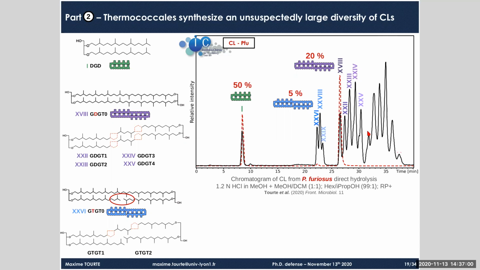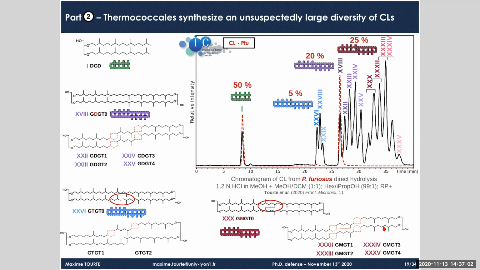And finally, here we could identify completely new core structures for Pyrococcus furiosus, which we will call monoalkyl tetraethers, as it has an internal covalent bond in between the two alkyl chains. And again, this new core structure was discovered with different unsaturation isomers. So we have quite a lot more core structures in Thermococcales when we directly hydrolyzed their cell pellets.